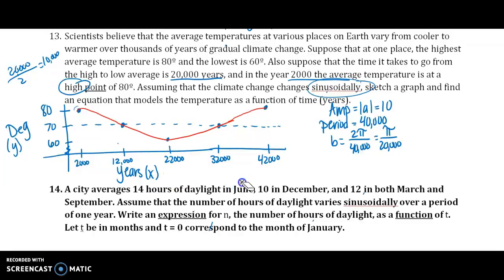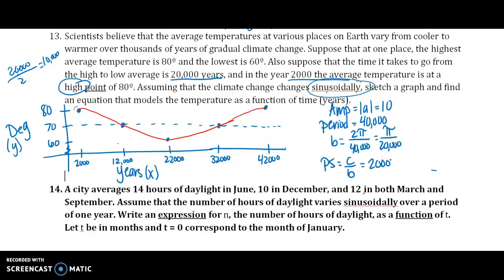From here, we now need to think of the phase shift, which is c over b. And so normally, remember, cosine would start on the y-axis. It is not on the y-axis. It was actually shifted to the right 2,000 years.